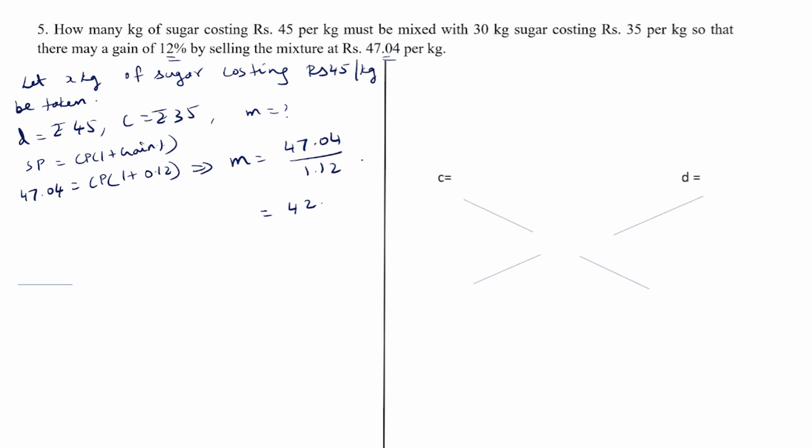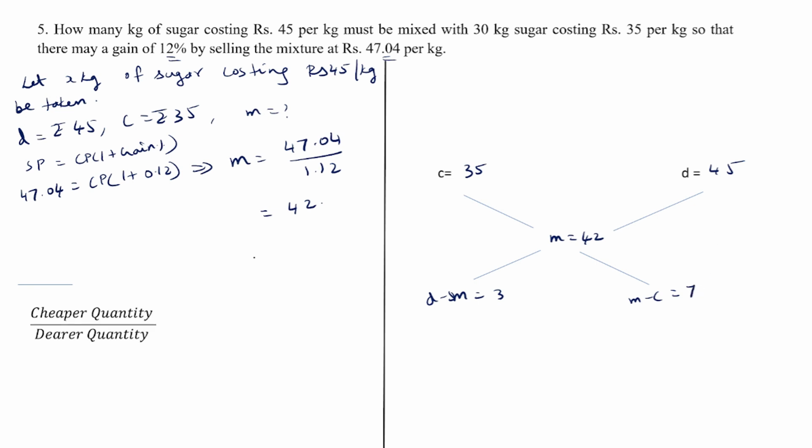So if we draw the cross, C we have 35, D we have 45, and M we have 42. So here we have D minus M, 45 minus 42, which is 3. And here we have M minus C, 42 minus 35, which is 7. So cheaper quantity upon dearer quantity is given by 3 by 7. Now we have taken x kg of sugar costing rupees 45 per kg to be mixed, so we need to find this value of x.